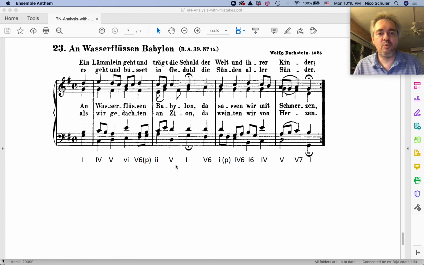If we have 2 options, we need to weigh both, listen again and make a decision on which solution is more musical. Our analysis should really reflect how we hear it and how we understand music.